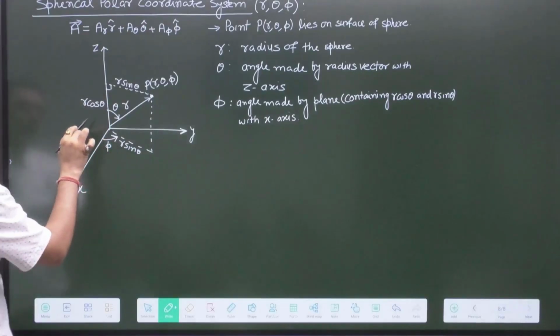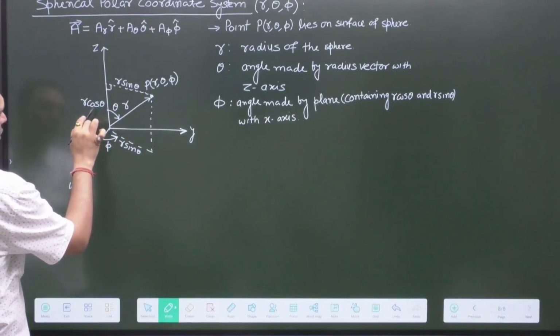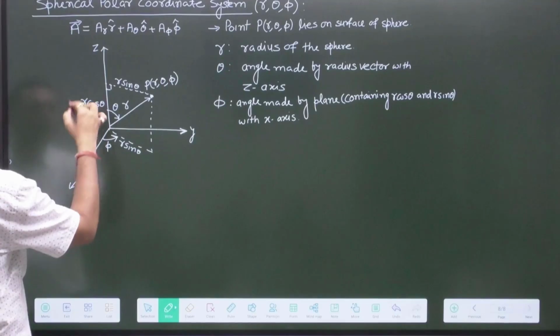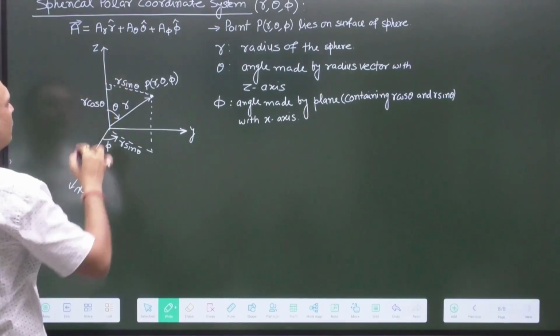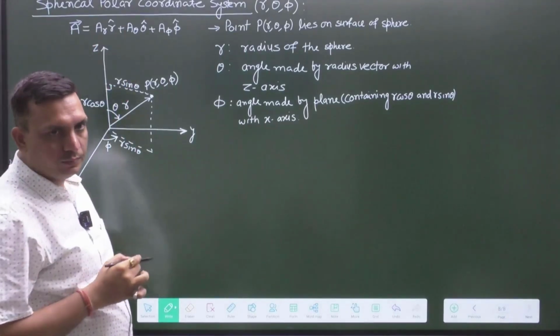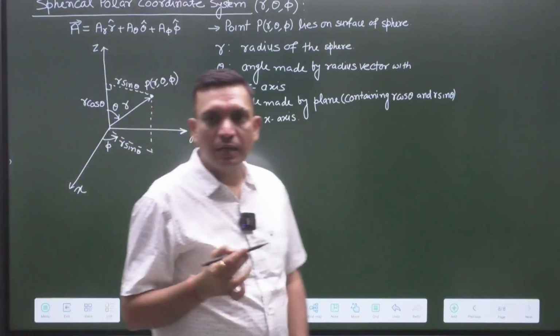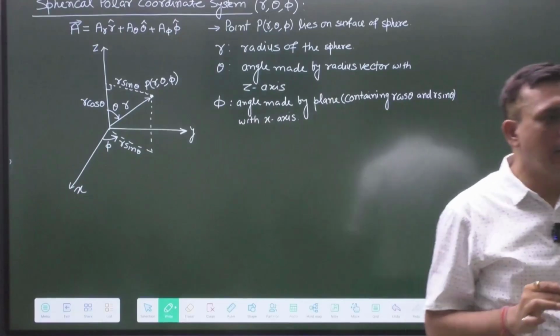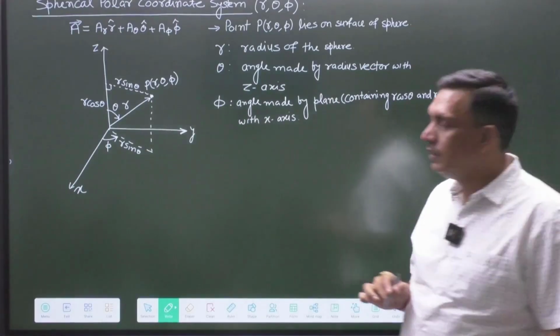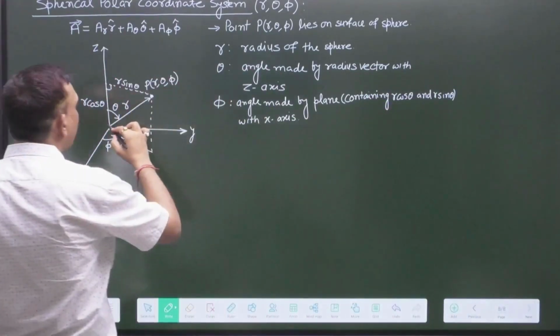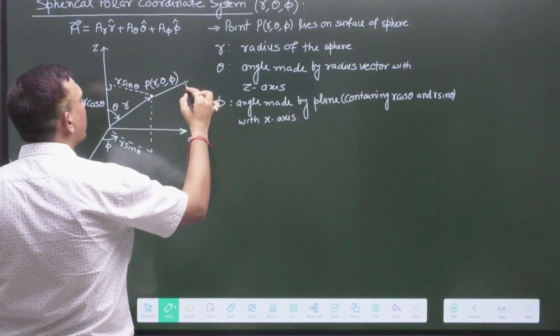Now let us first show the unit vectors. What will be the direction of the unit vectors? By definition, r cap, theta cap, phi cap are in the increasing direction of their coordinates. So the increasing direction of r, this direction, is positive r cap.